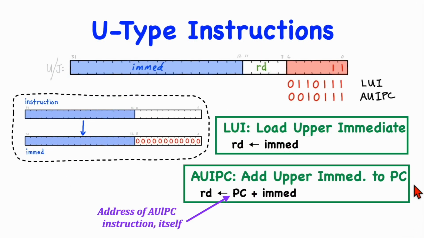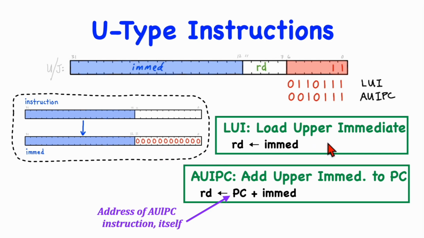Here are the two U-type instructions. LUI is load upper immediate. AUIPC is add upper immediate to the PC. Both these have a destination register and a 20-bit immediate value. The value is used as the upper 20 bits with the lower 12 bits filled with zeros, as I've shown here.